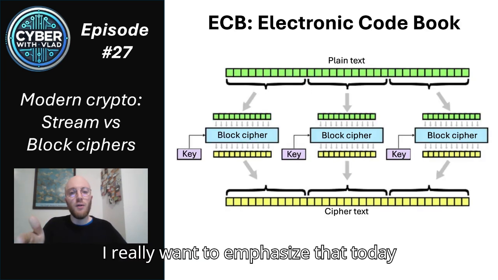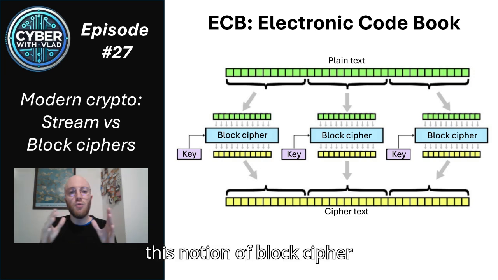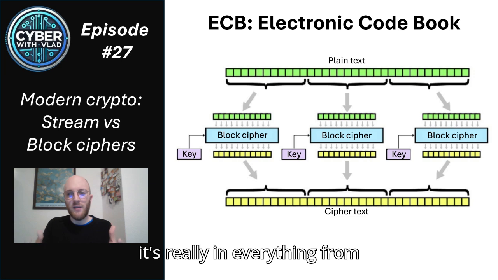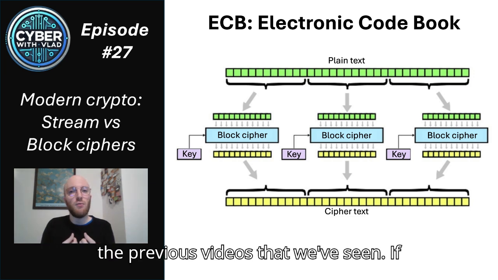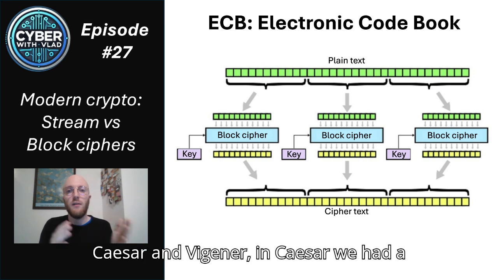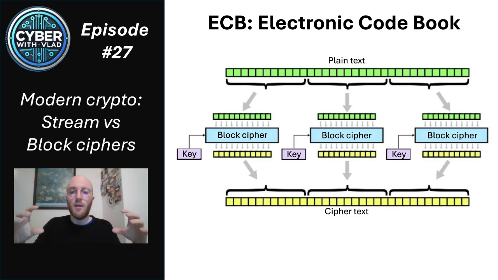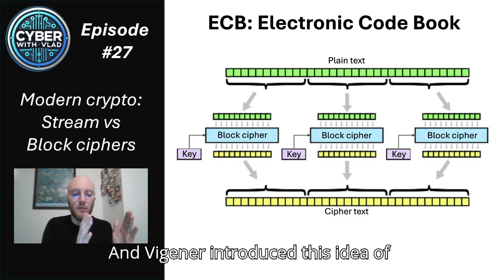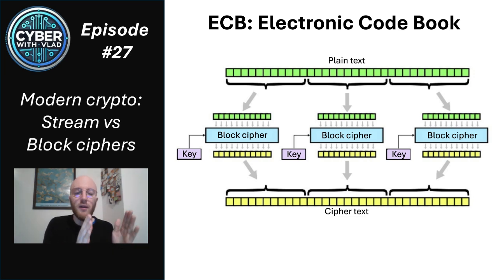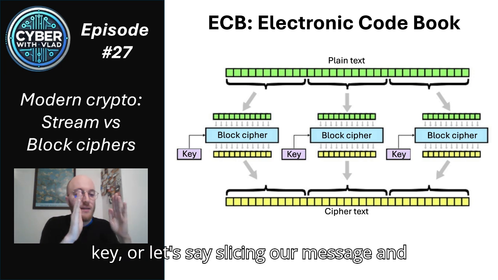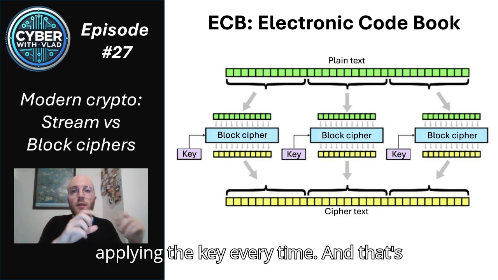And again, I really want to emphasize that today, this notion of block cipher is really inheriting from the previous videos that we have seen. If you remember my example and my video on Caesar and Vigenère, in Caesar we had a plain text and we were swapping all the characters by the same increment. And Vigenère introduced this idea of taking a smaller key but sliding the key, or let's say slicing our message and applying the key every time.